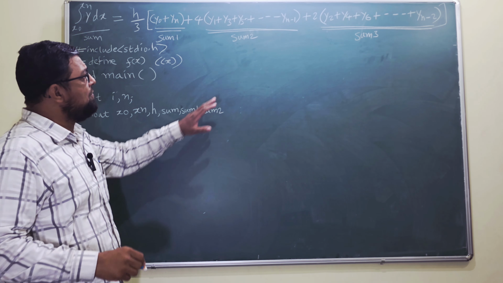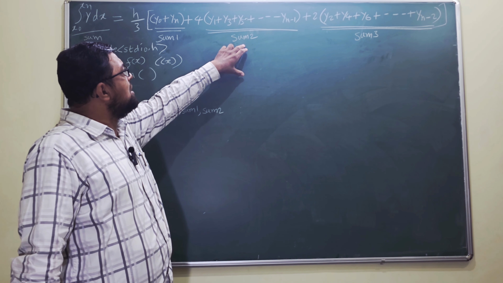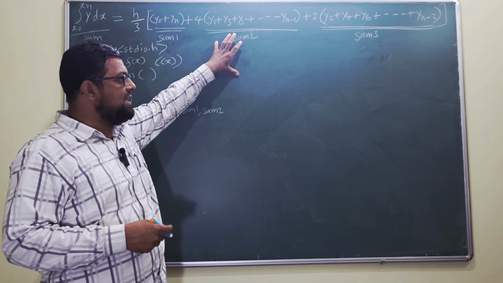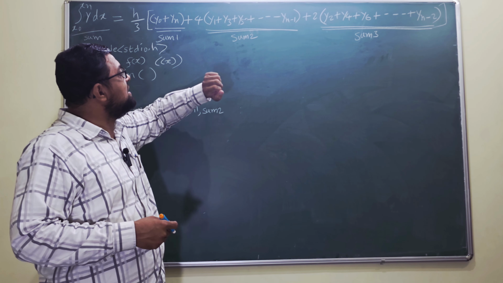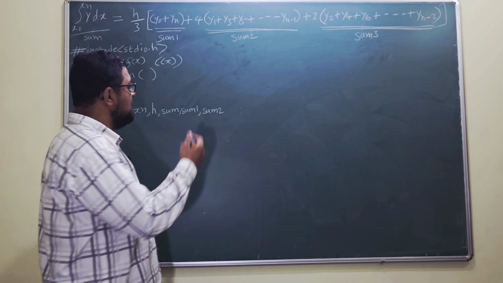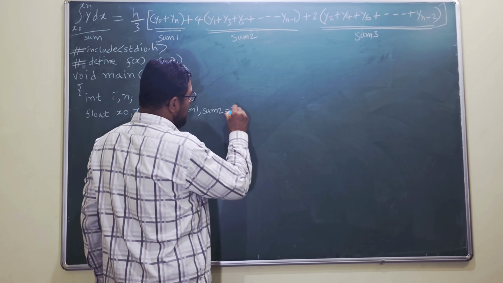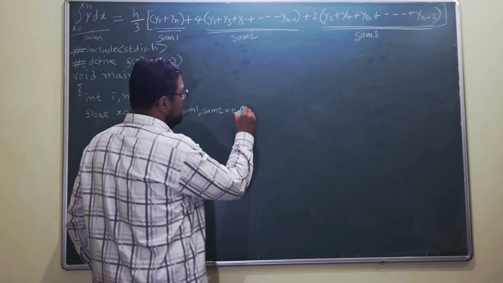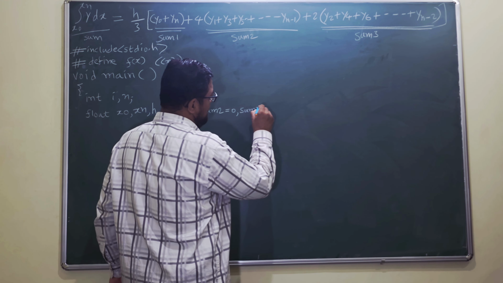Now sum2 variable, we have to equate to 0 because it will be added repeatedly in the for loop, which we will be writing later on in this program. So therefore we have to make it 0, otherwise it will take some previous value and that will give an error. Similarly, sum3 variable, we have to make it 0.